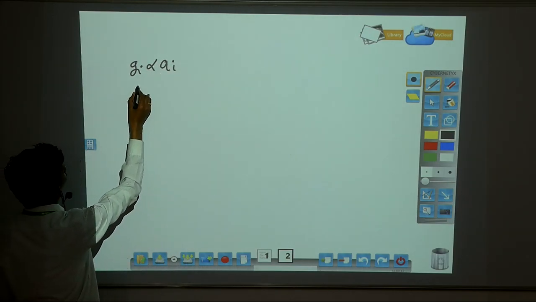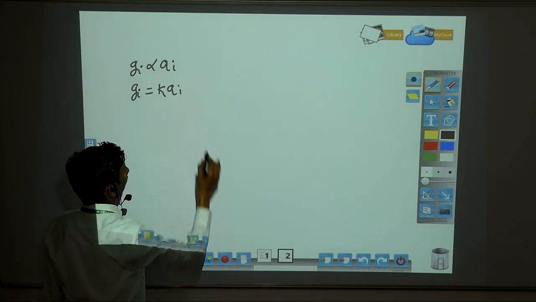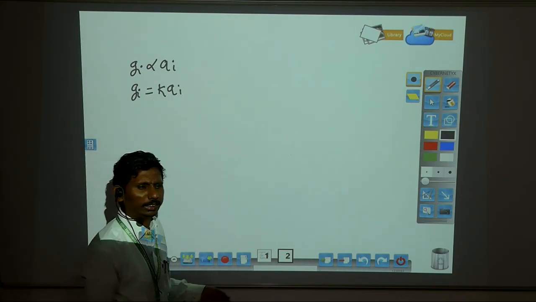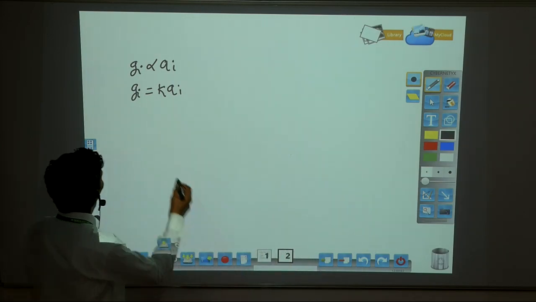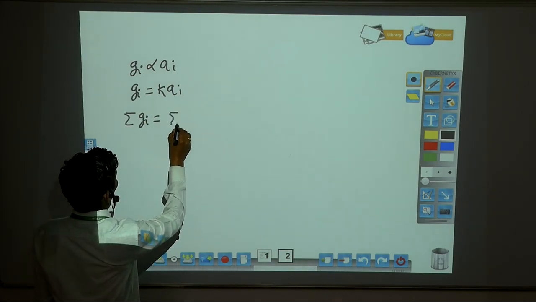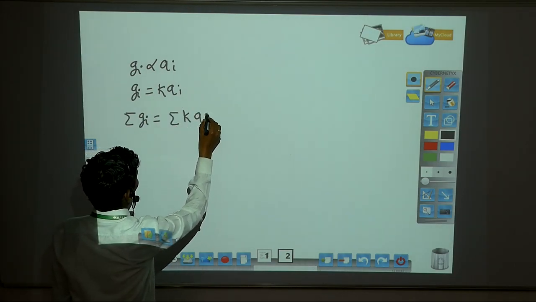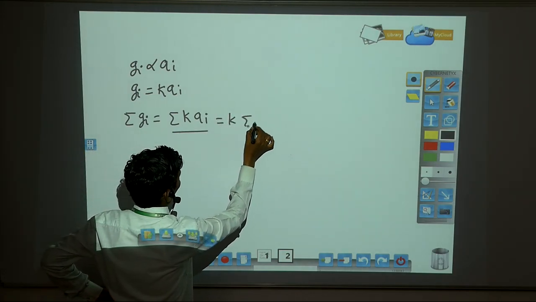When we consider the proportionality constant k, we can write gi equal to k ai. Taking the summation on both sides, the summation of gi is equal to the summation of k ai, and since k is constant, it is k times the summation of ai.